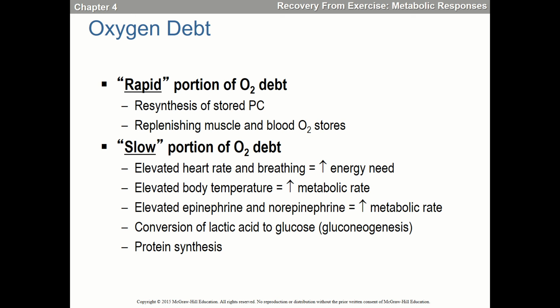There's an elevated body temperature, so a higher metabolic rate. There's an elevated amount of catecholamines, epinephrine or norepinephrine. Epinephrine in England is called adrenaline, and norepinephrine is noradrenaline. So, elevated epinephrine, norepinephrine, increased metabolic rate.